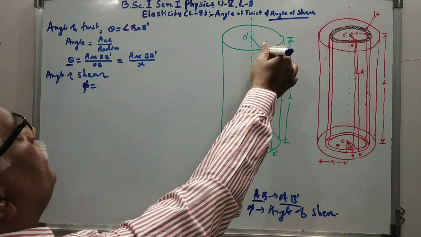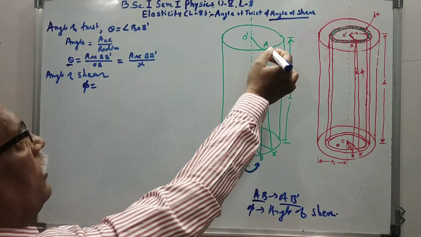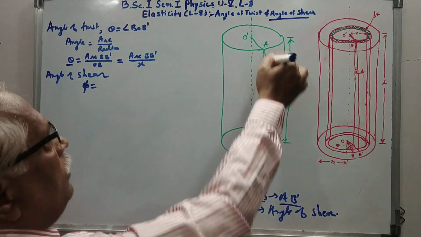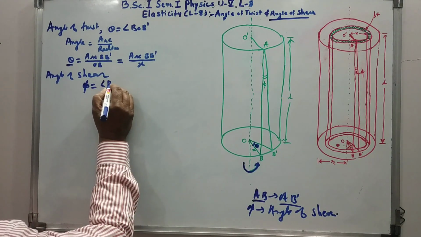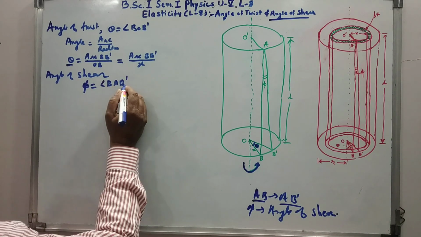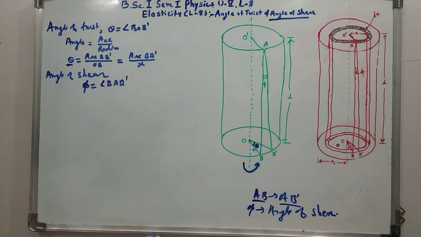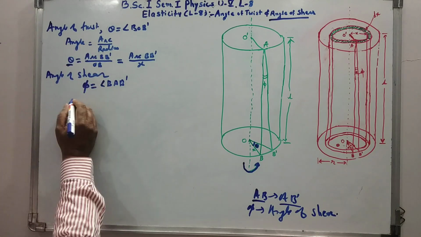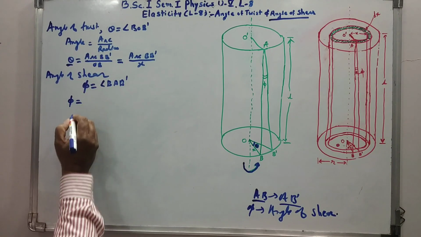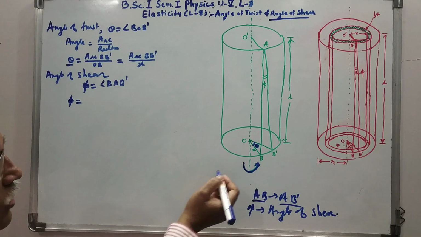From the figure, again phi is arc upon radius.